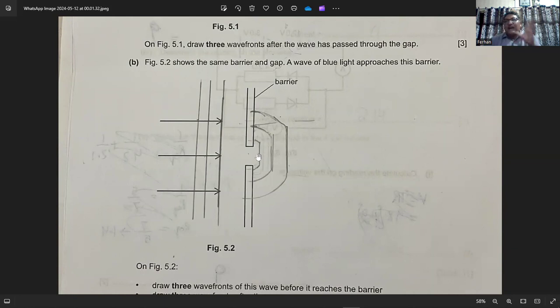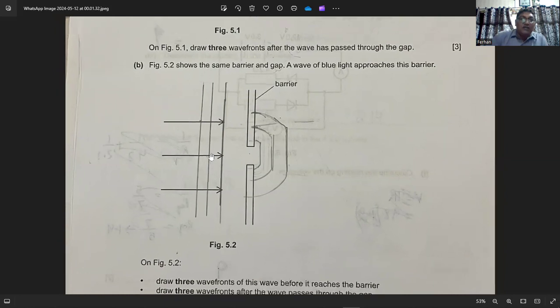This diagram is not of that good quality, but on the edges it is bent, and in the middle the wavefronts remain straight. One important thing is that the gap between the wavefronts after the barrier and the wavelength before the barrier should remain the same.